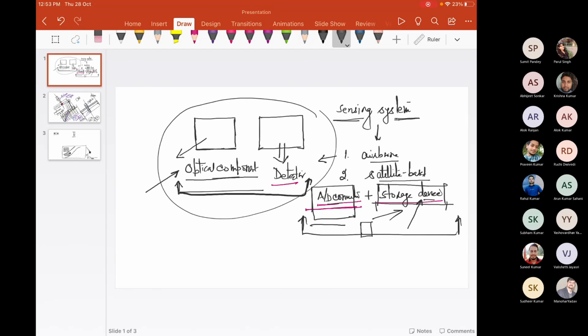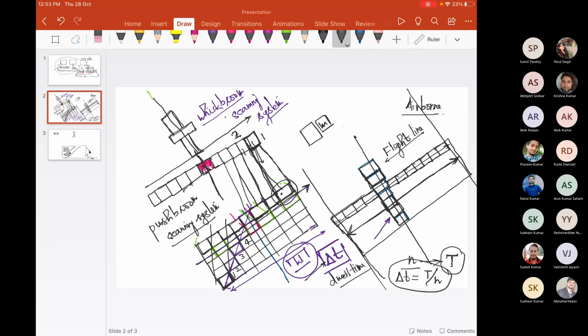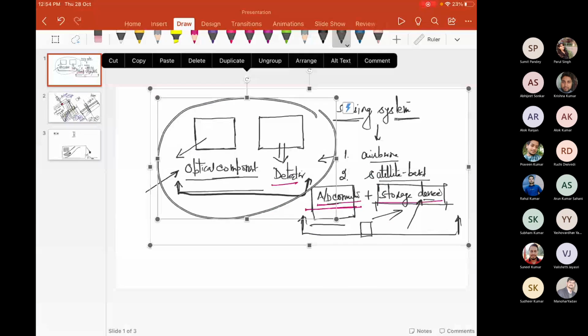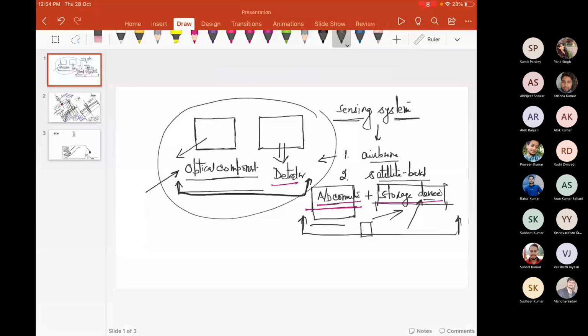The remaining sections are common in both cases. Based on the arrangement of different components in the optical system as well as the detector part, we categorize the scanning system into two categories. The first one is whisk broom scanning, where we have an optical component and a detector. We have a single detector.